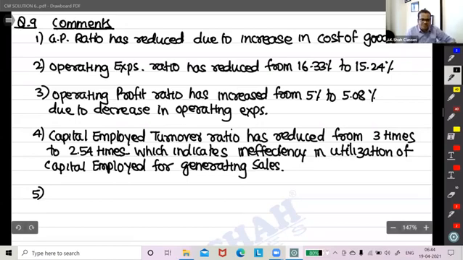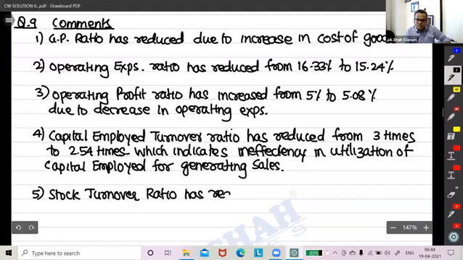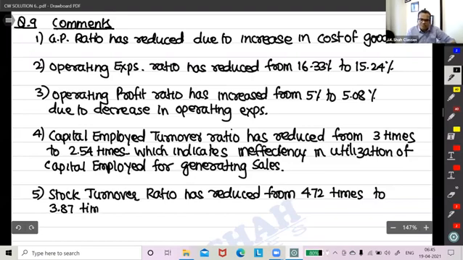So what we would say, stock turnover ratio has reduced from 4.72 times to 3.87 times.